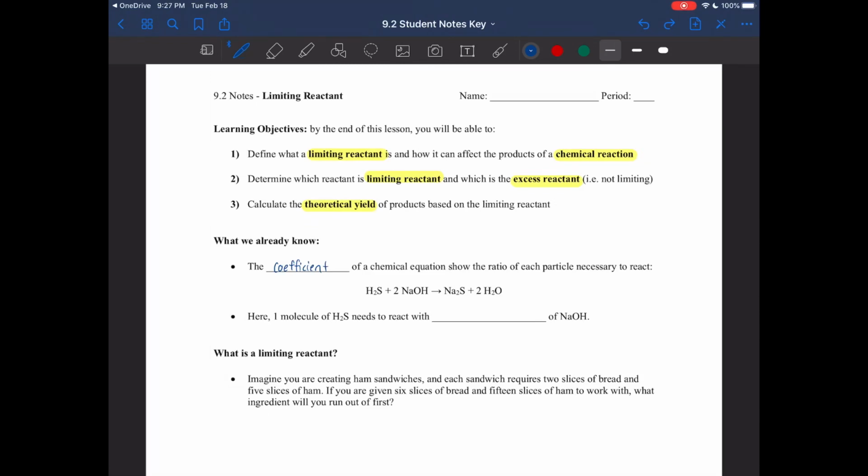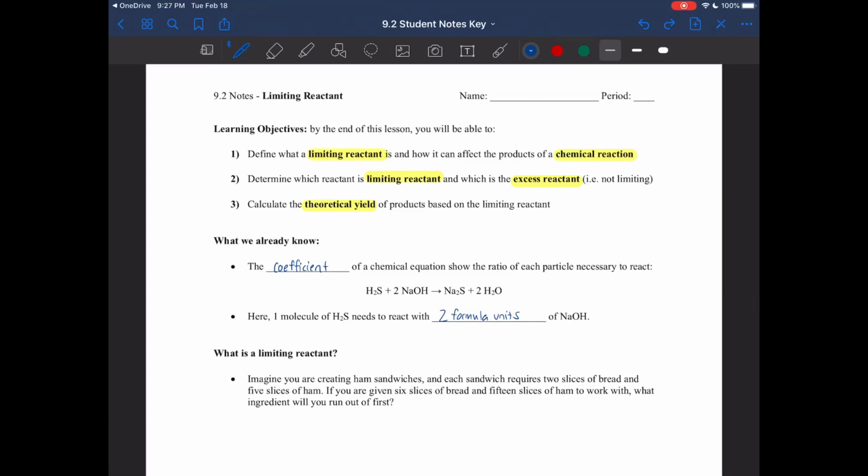You need 1 molecule of H2S to react with 2 formula units, since it's an ionic compound, of NaOH. Just a 1-to-2 ratio based on these coefficients. This is going to be really important when we look at this concept.